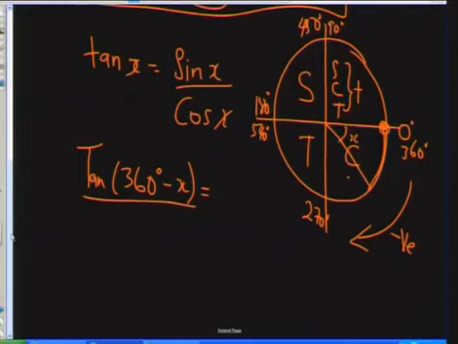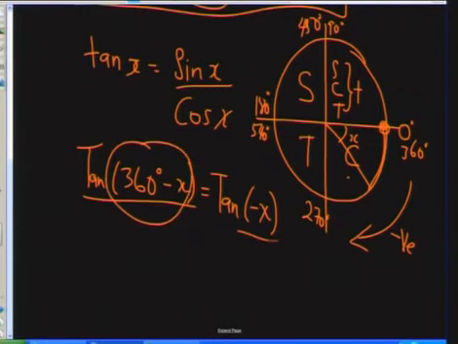So in other words, the value of this angle is negative x. So we can rewrite this as tan of negative x. We have changed the format of tan in this case, where the 360 has been converted to a negative x. Let's go on to the next one.